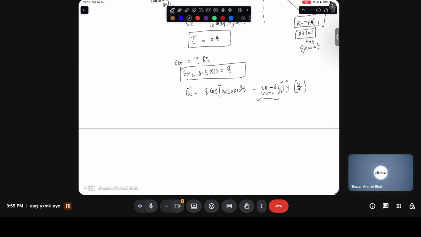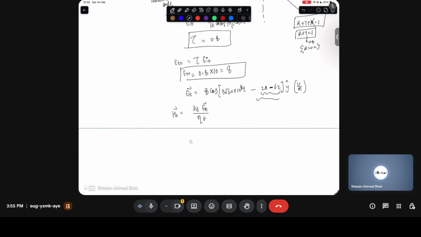Now, what else we need to find? We need to find the h of t. Now you have the e of t, you can divide it. This is pretty much easy. Now you have h of t equivalent to the e of t divided by eta t. But the wave vector is basically important, so you have to write it in terms of the wave vector divided by eta t.